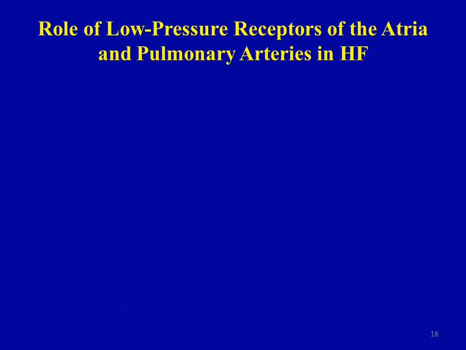Now, what is the role of low pressure receptors that are present in the atria, veins, and pulmonary arteries? What is the role of those receptors in heart failure? The low pressure receptors are just baroreceptors like the high pressure receptors present in the aortic arch and the carotid sinus, but the threshold for their stimulation is much lower pressure.